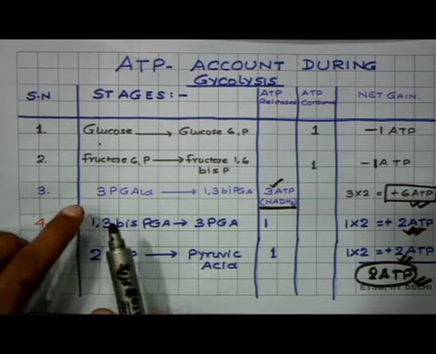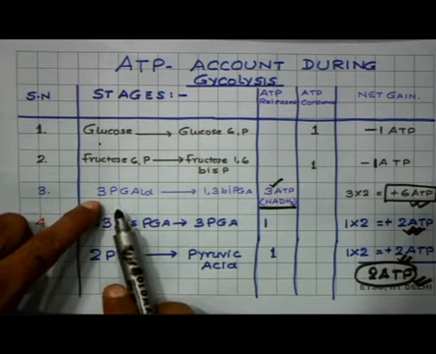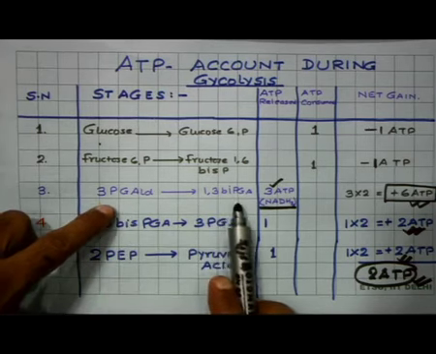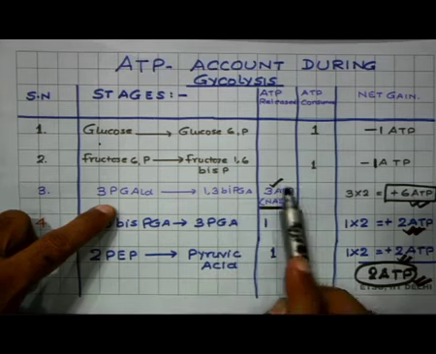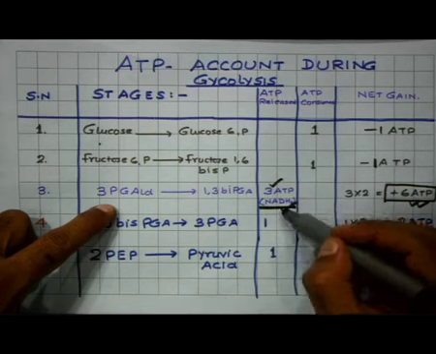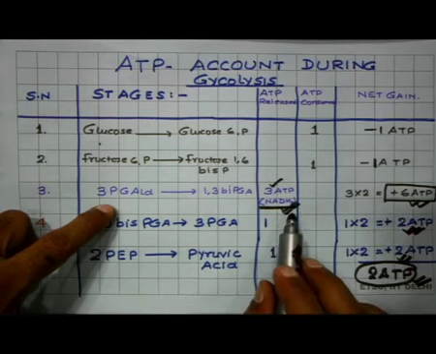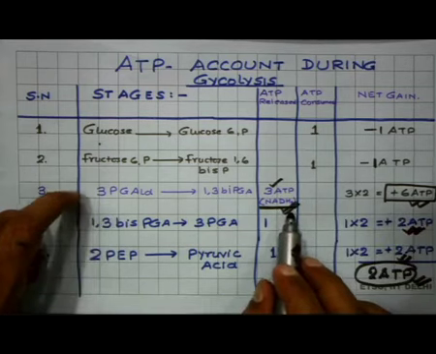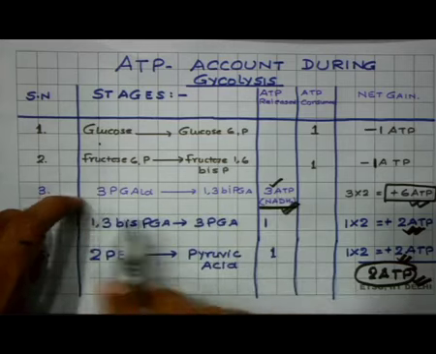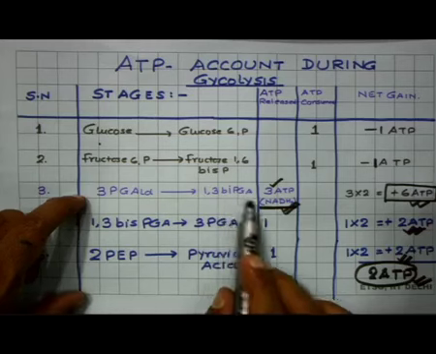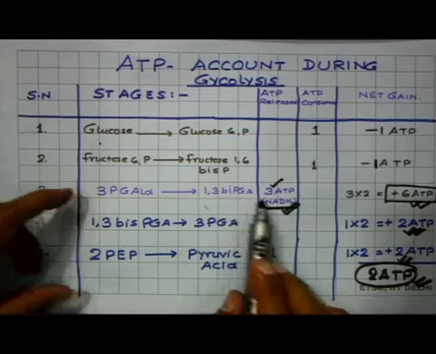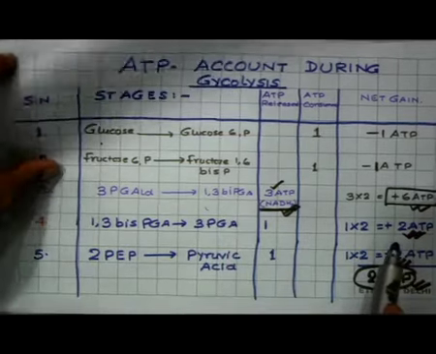At the time of conversion of 3 phosphoglyceraldehyde to 1,3 bisphosphoglyceric acid, 1 NADH2 is formed.